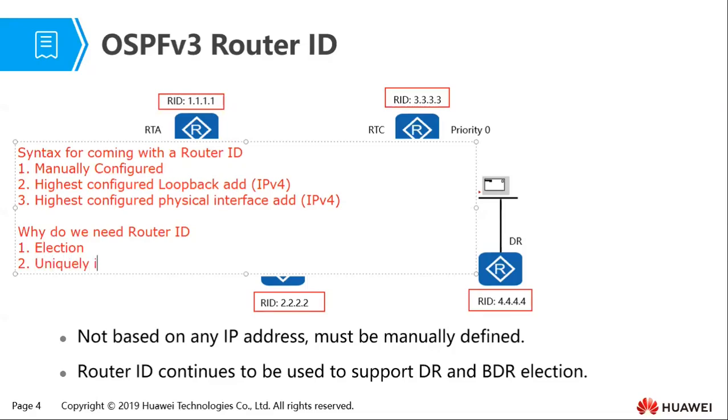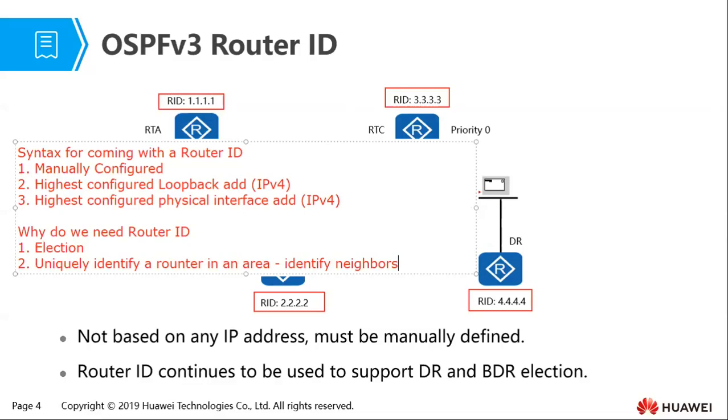Exactly. To uniquely identify a router in an OSPF area, and by extension, to identify neighbors. That's why you can type display ospf peer, and you can see that you're a neighbor with 1.1.1.1, 2.2.2.2.